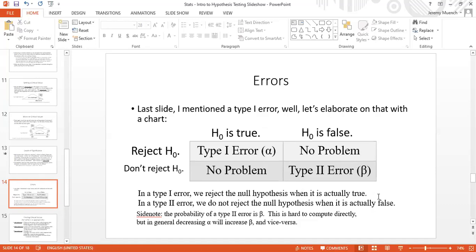Now, think about a courtroom case. We're going to continue this metaphor because it's a really good one. In a courtroom case, which would be a more undesirable error? Would it be more undesirable to find a defendant guilty who is actually innocent of the crime, or to find a defendant not guilty when they actually were guilty?